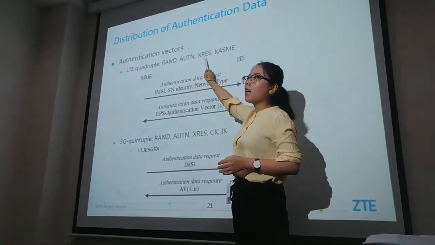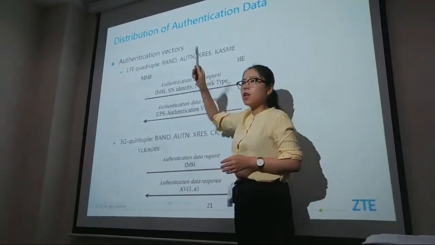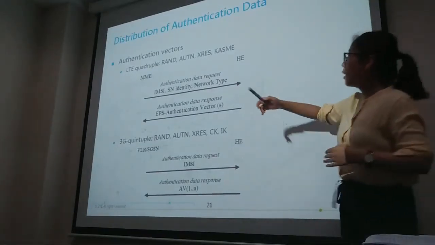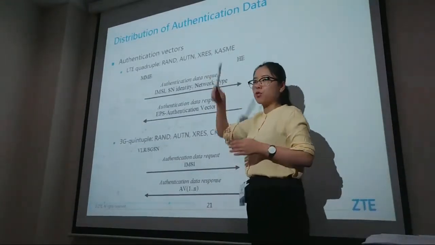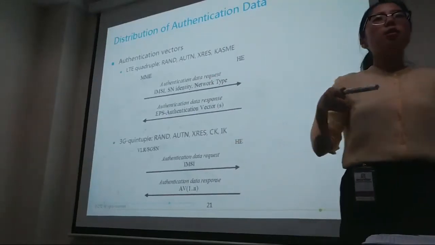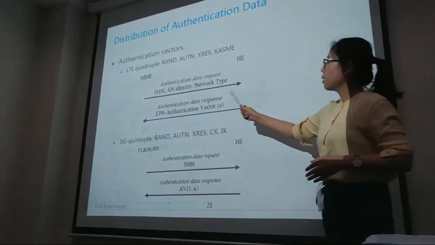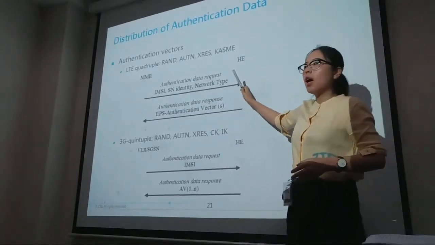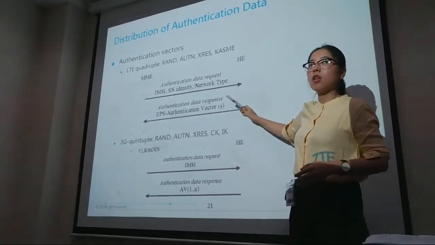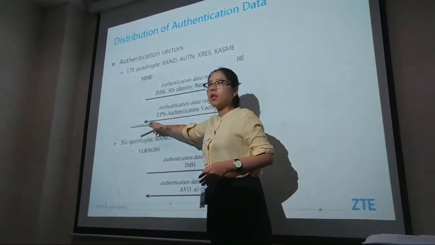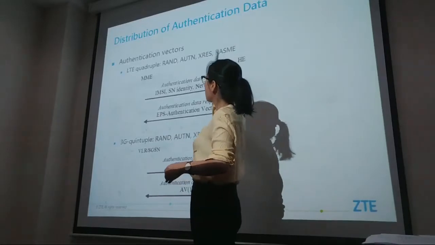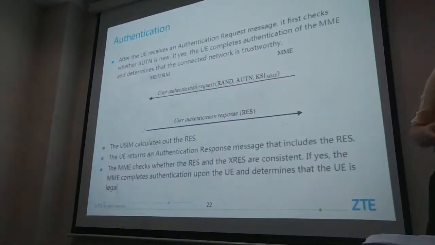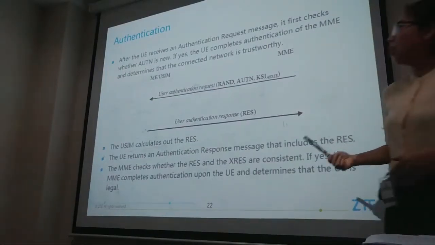The XRES is the value with which the MME authenticates the UE. And the KASME is used to generate the different keys. When the MME sends the authentication information request to the HSS, it will generate the vectors and send them to the MME. When the MME receives these vectors, it will send the authentication request to the UE side.